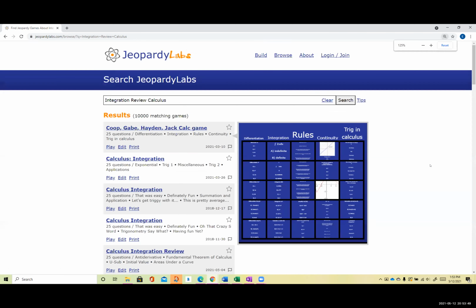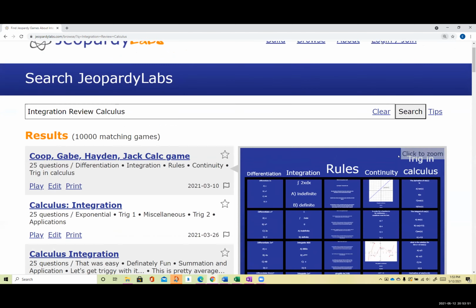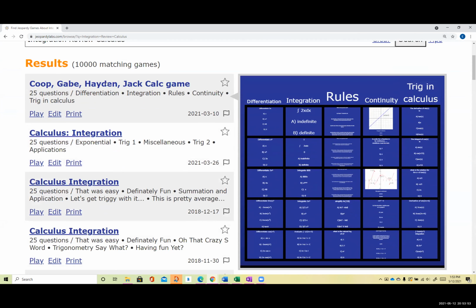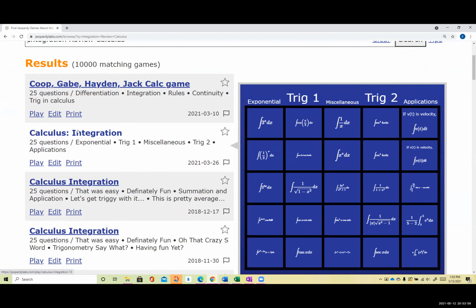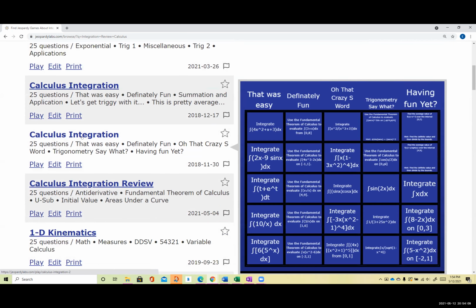So maybe I can blow up the screen a little bit so we can see it better. I can see that this is a multiple choice, so maybe I don't want multiple choice, or some of it is. Looking at this, to me, that was all integration. But these, let's see, this was the one that we had just pulled.